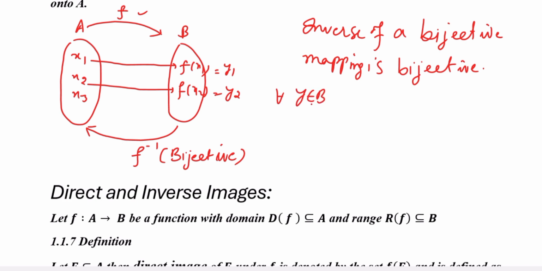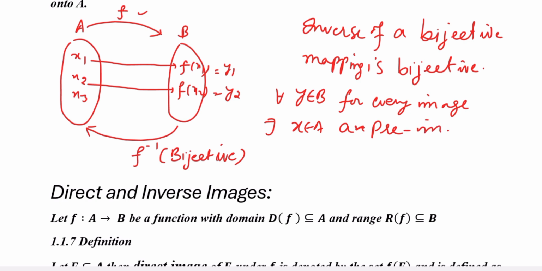For all y belong to B means for every image. For every image there exists x belong to A, which means there exists a pre-image, such that this y can be written as y is equal to f of x.